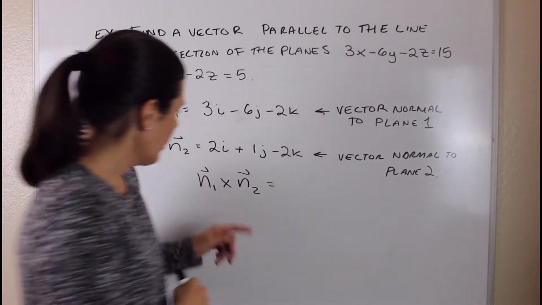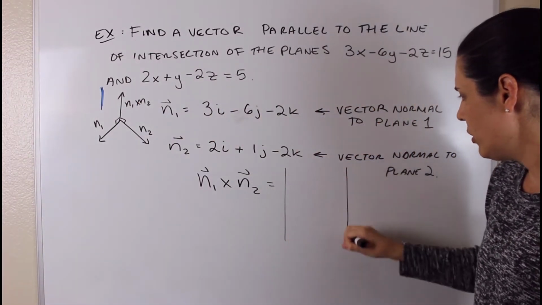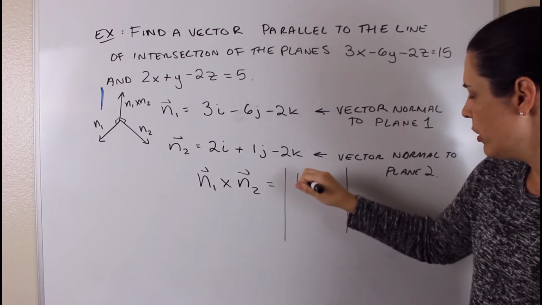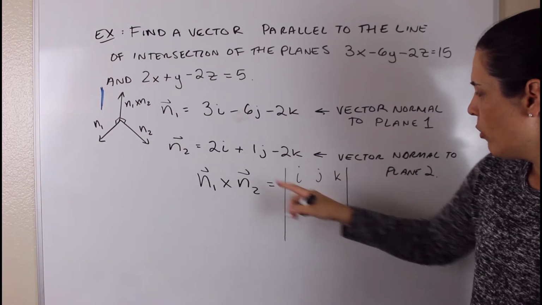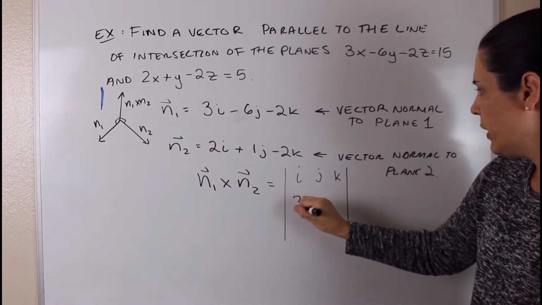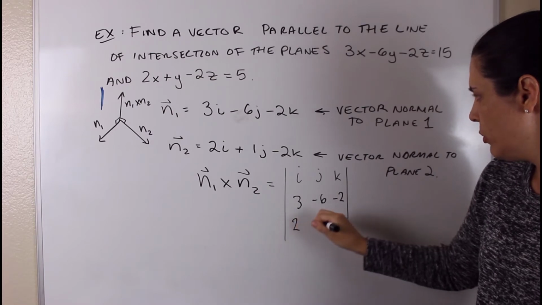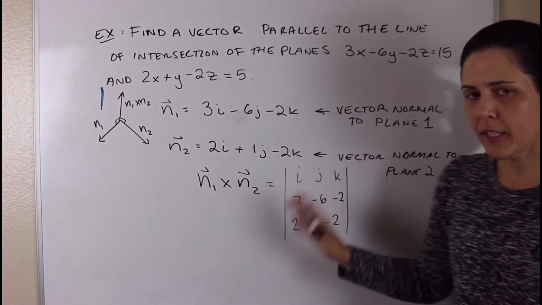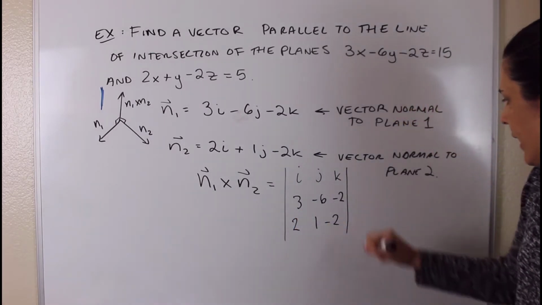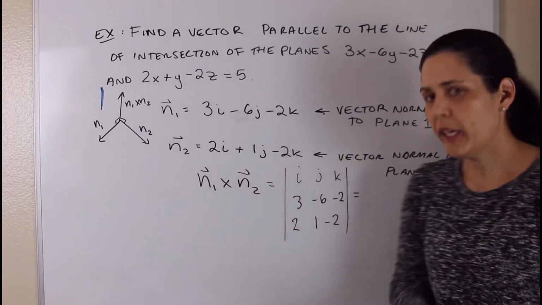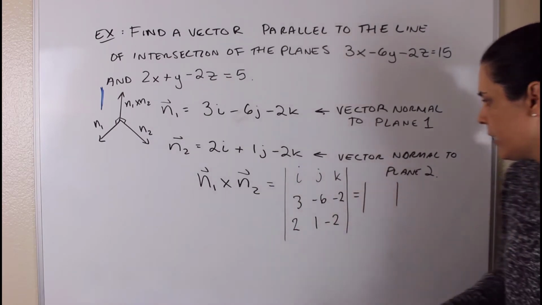All right, so we've done this previously, but I'll quickly go through the calculation with you. Crossing these two vectors for our 3x3 matrix, row 1 is i, j, k, row 2 is n1, which is 3, negative 6, negative 2. Row 3 is n2, 2, 1, negative 2. Then you just compute the determinant of your 3x3 matrix, and hopefully you're feeling okay about how to do that. I'll break down the steps real quick and then give you the answer.